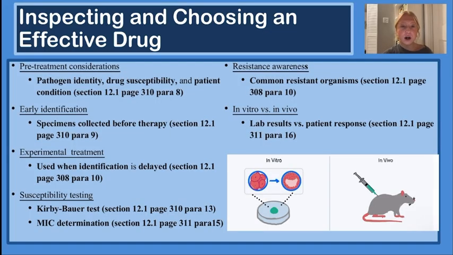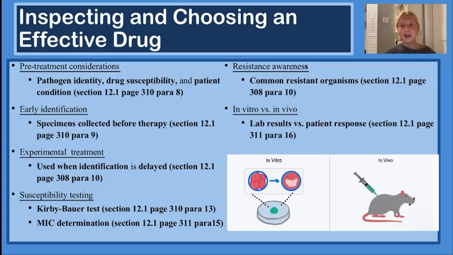Before starting antimicrobial therapy, clinicians will ideally determine 3 things: the identity of the infectious agent, its susceptibility to drugs, and the overall condition of the patient.